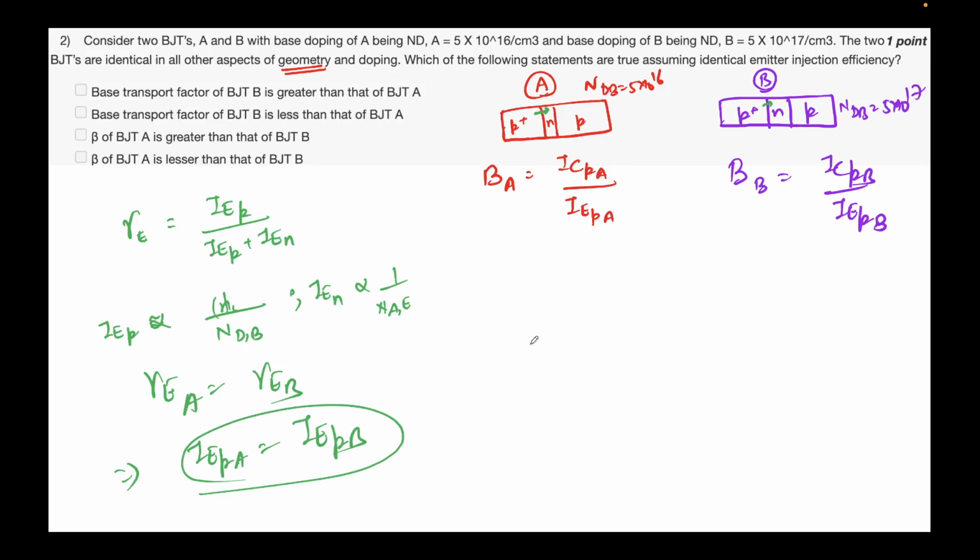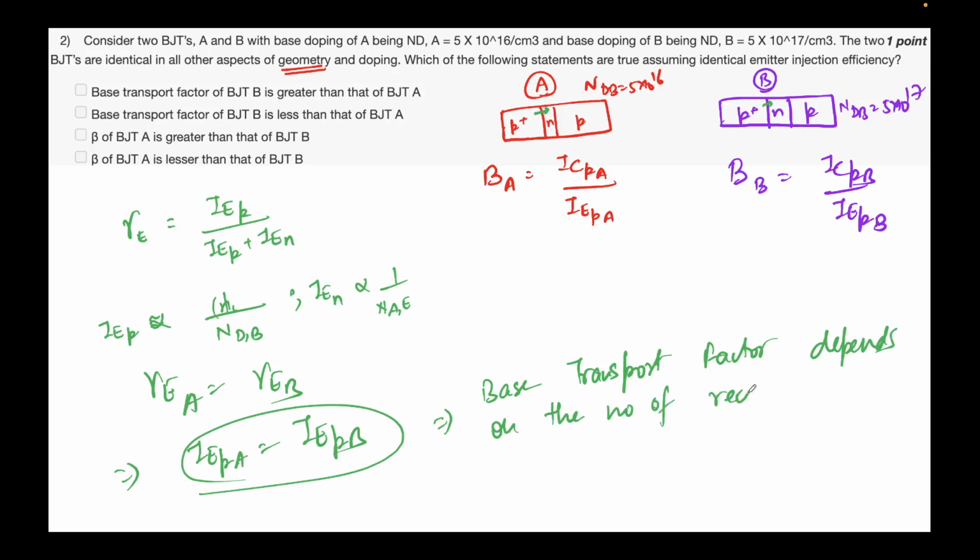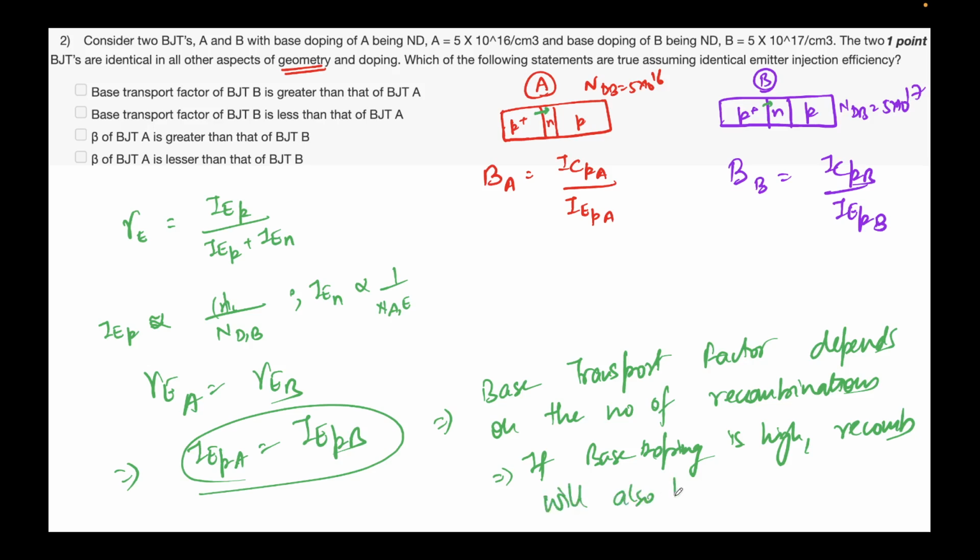What I'll claim now is that the base transport factor depends on the number of recombinations. This implies that if base doping is high, recombination will also be high, right?